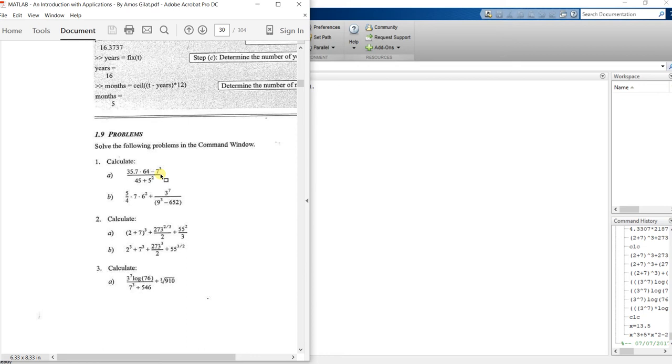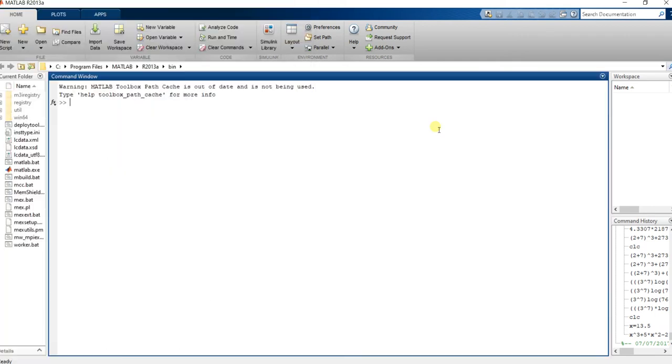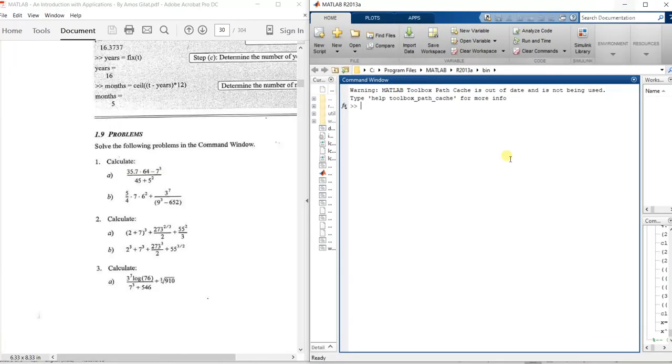Now we take the command window and solve it. It has a numerator and a denominator, so we have two different terms. Therefore we open one parenthesis. We already know the instructions we follow in the command window from video 2, so we make use of this idea and follow the instructions.